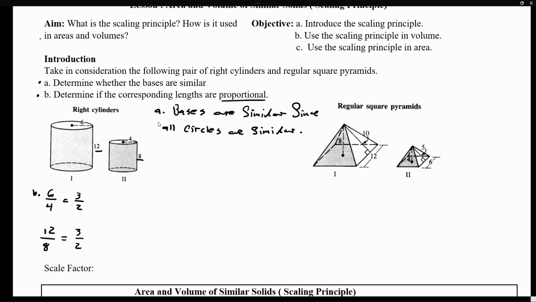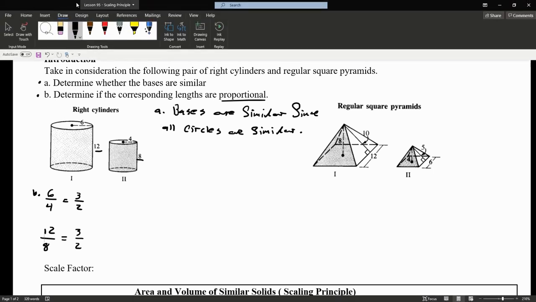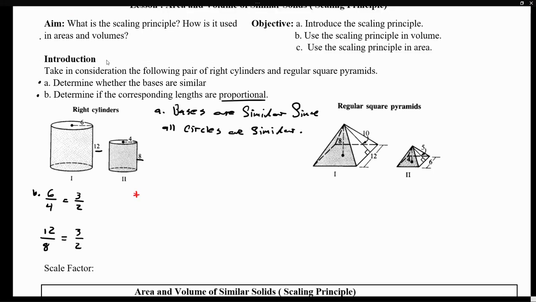Since the proportionality among the radii and among the heights is the same, 3 over 2, and since they have similar bases, with those two ideas together we can make the claim that we have similar solids. So we can say that figure 1 and figure 2 are two similar solids.